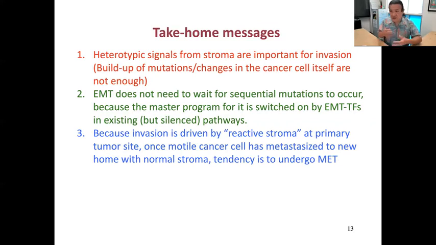It wants to resume its normal epithelial-like properties, including reattaching to the basement membrane and establishing a new relationship with the healthy stroma that's surrounding it, causing that stroma, of course, to be dramatically altered in the process.